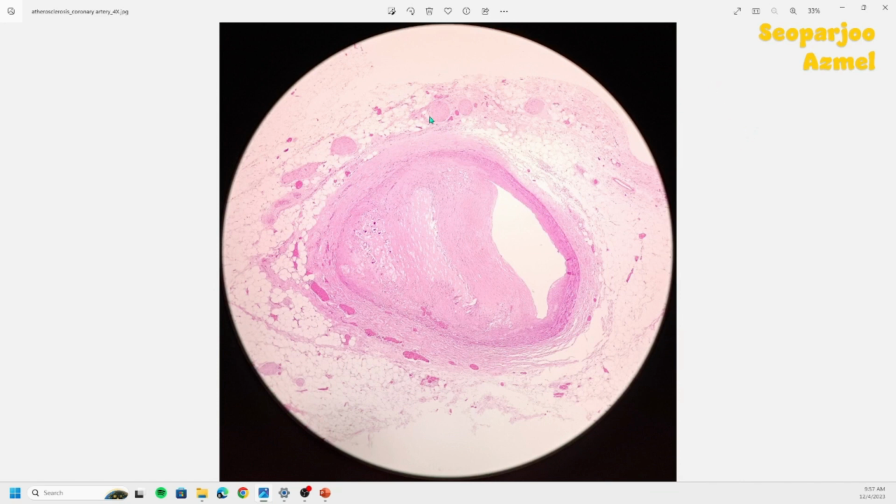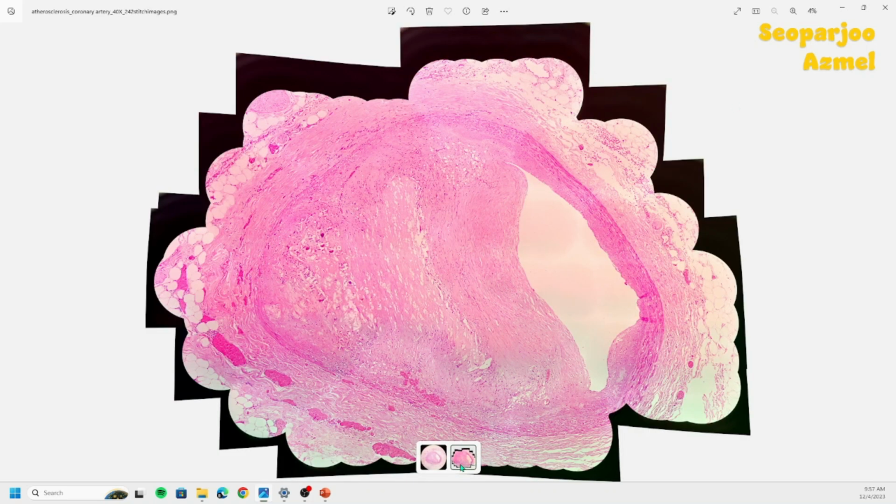Here, you can see a few nerve innervations of the artery that supply the artery and control relaxation and also contraction of the smooth muscle that alter the size of the lumen of the blood vessels.